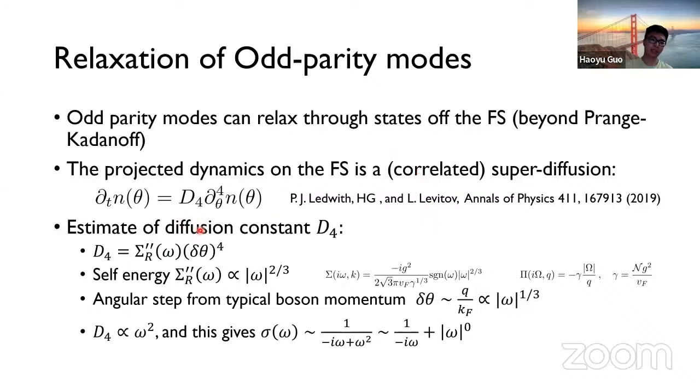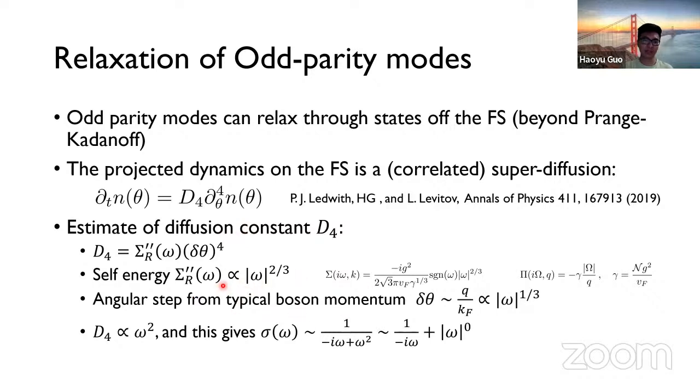From this picture you could easily estimate the scaling of this diffusion constant. The first factor is the imaginary part of the self-energy, which is just the rate at which those diffusion events are happening. Then you multiply this by the angular step of a single diffusion, raised to the appropriate power, which is four here.